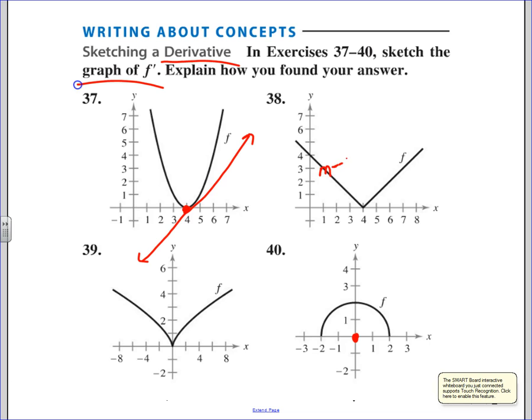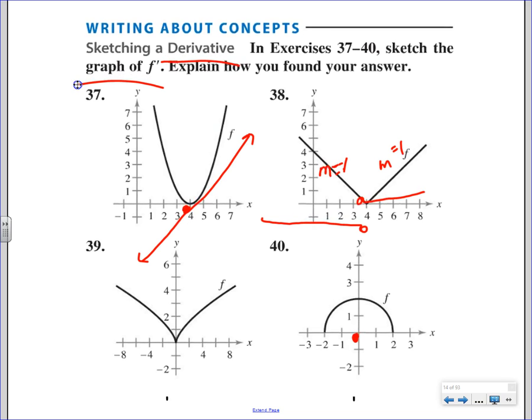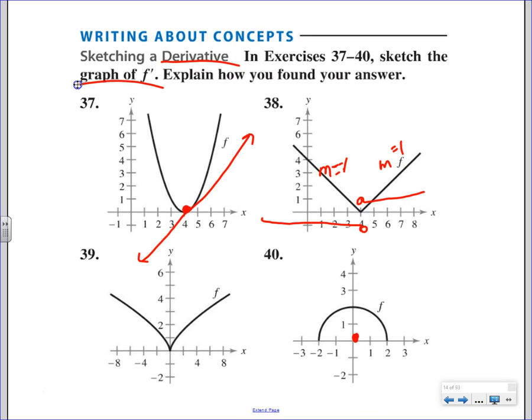This slope is a negative 1. This slope is a positive 1. So what am I going to say about the derivative? It's going to be negative 1, negative 1, negative 1, all the way to 0. And then it's going to be positive 1, positive 1, positive 1, sorry, all the way to the 0 of the original function, which is the same thing as 4.